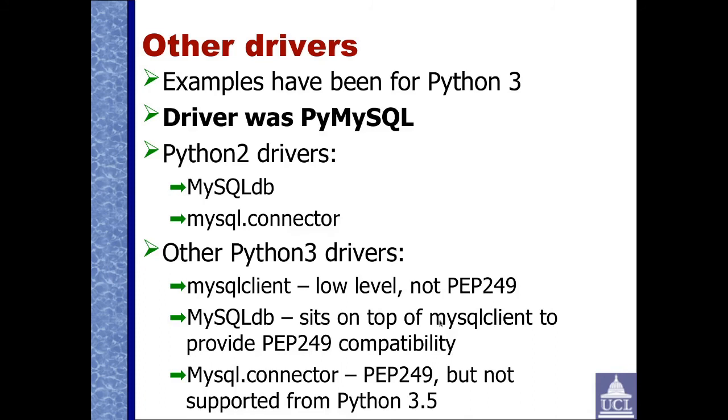MySQLDB is the one that we've talked about. That actually sits on top of MySQL client to provide PEP249 compatibility. MySQL connector, which I mentioned for Python 2, was also available for Python 3. It's PEP249 compliant, but it hasn't been supported since Python 3.5.